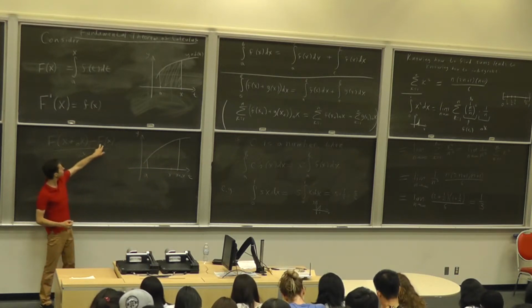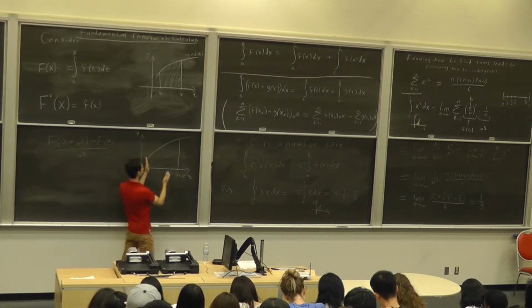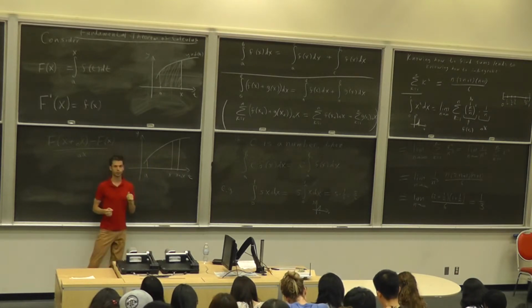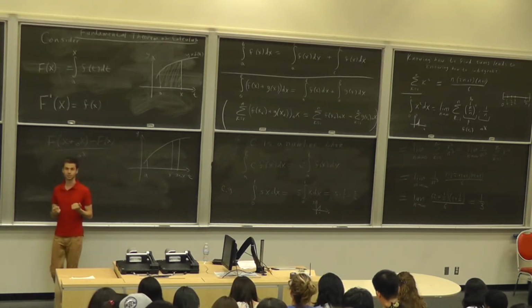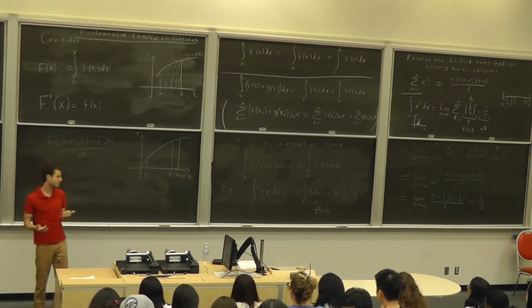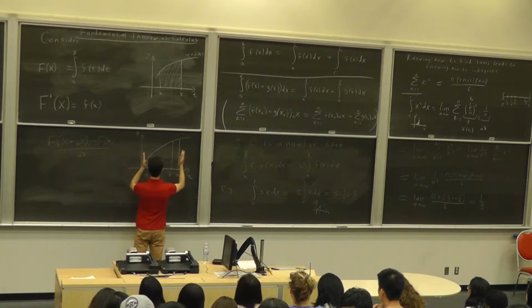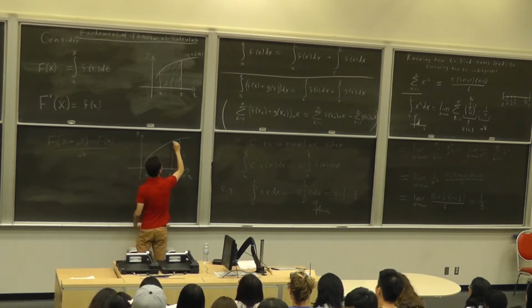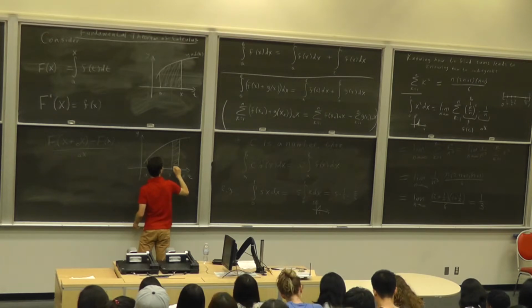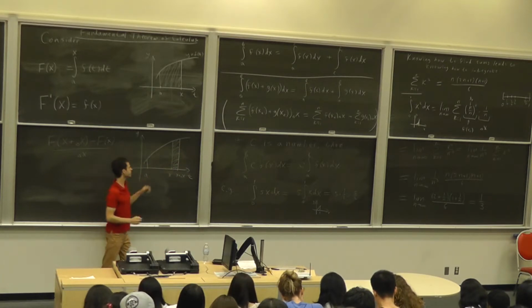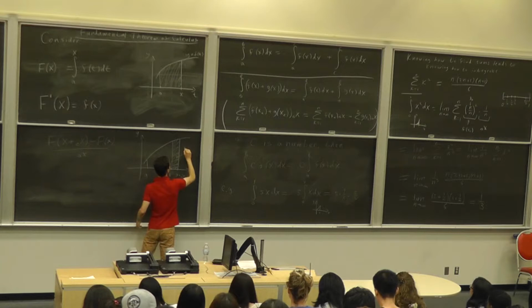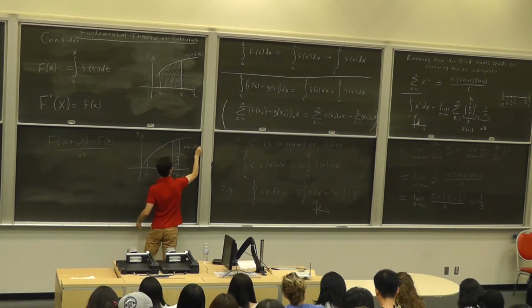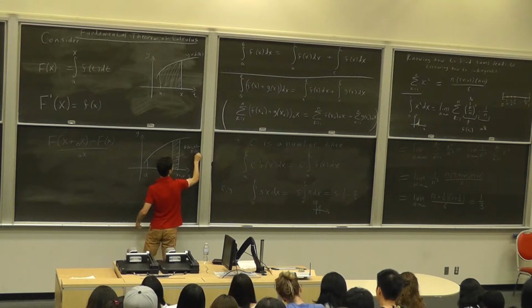The value of F at the point x is the area from here up to here. What's the difference? Can I see it on the picture? Yes. The area up to here minus the area up to here is what's being added. So it's this area. This area is exactly F of x plus delta x minus F of x.